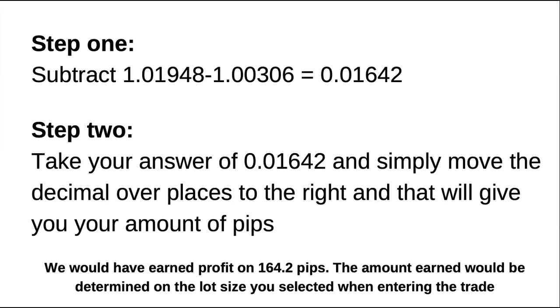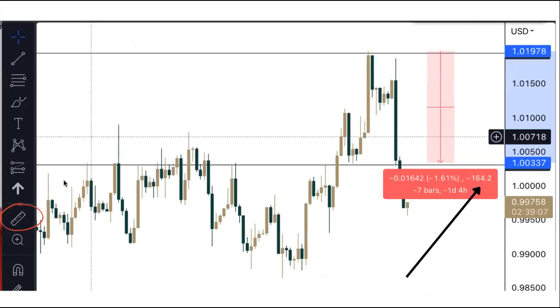I just taught you the way to do it, which is the hard way to do it. But of course, inside of MetaTrader 4, there are tools to help you be able to calculate your pips. And you always want to determine your risk before you enter the trade.